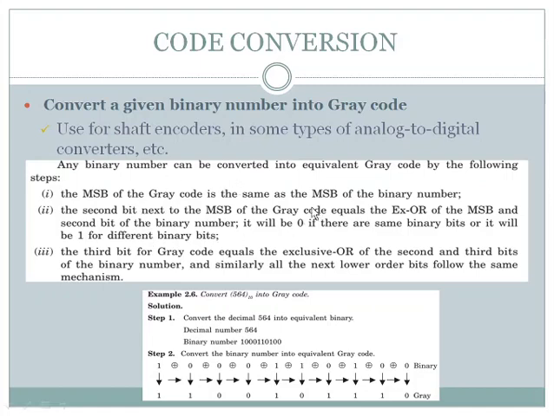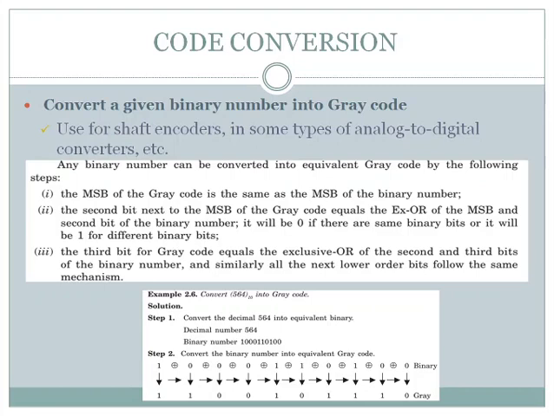That means the MSB of the Gray code will be the same as the MSB of the binary, and for any other position the bit in Gray code can be obtained by performing the XOR operation on the corresponding bit in the binary and its previous bit.